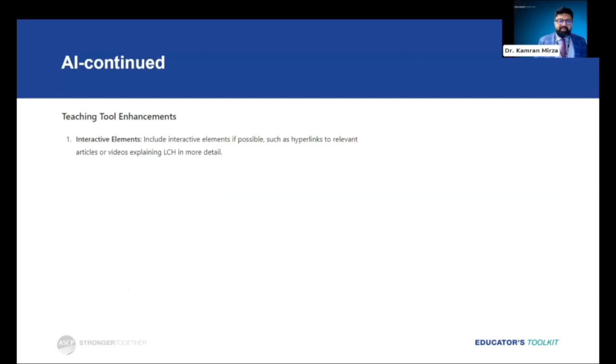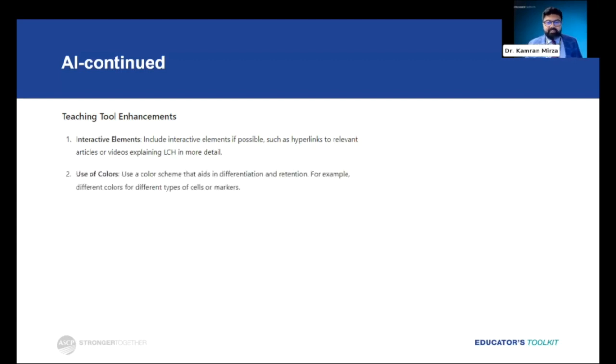So then I asked it, what would be the teaching tool enhancements? And so it said that first you need to make some interactive elements. And so include elements like hyperlinks or relevant articles or videos explaining LCH in more detail, just like Dr. Kanakis put the QR codes. It says in the use of color scheme, use that in a way to differentiate and retain, for example, different colors for different types of cells or markers.